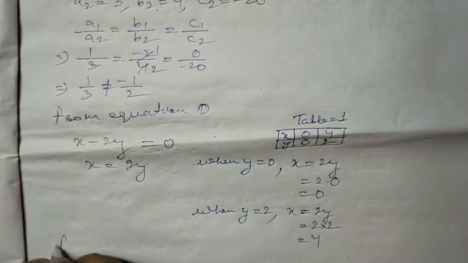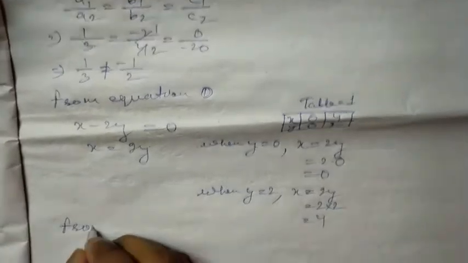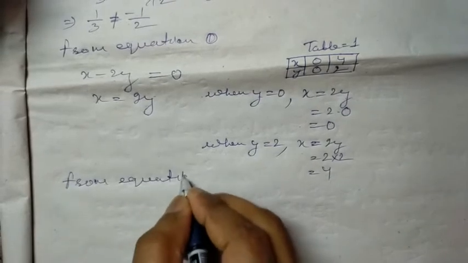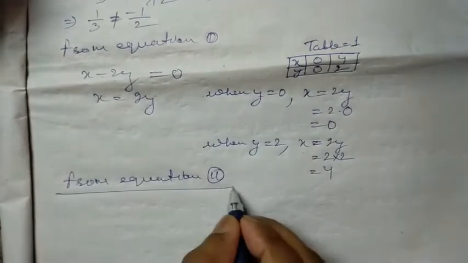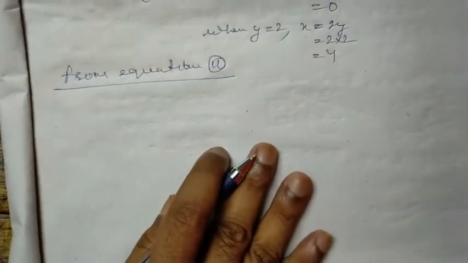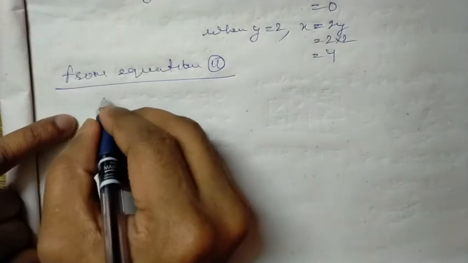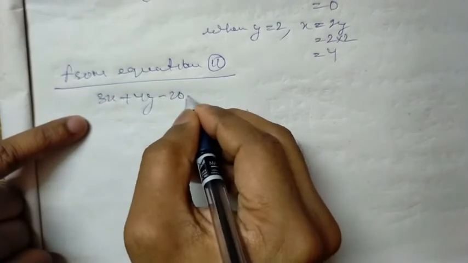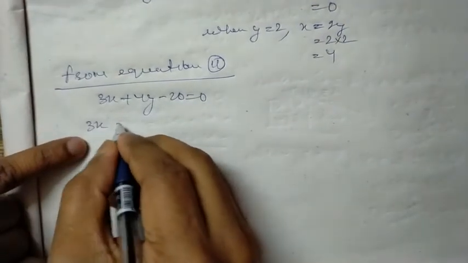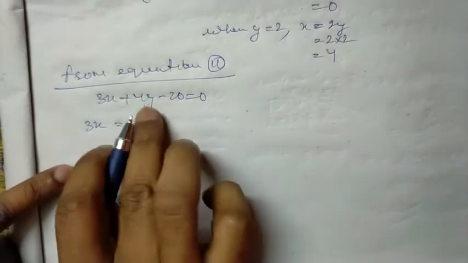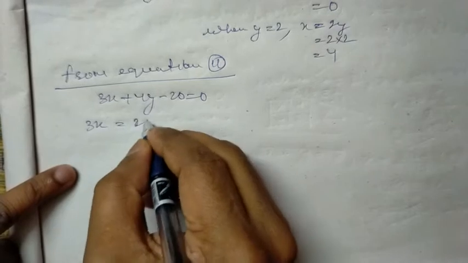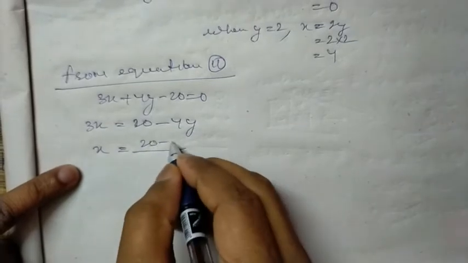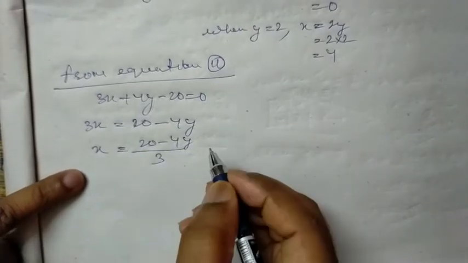Now from equation 2, our equation 2 was 3x plus 4y minus 20 equal to 0. 3x, if I take these two terms to the right hand side, minus 20 will be positive 20, minus 4y, so x equals 20 minus 4y divided by 3.